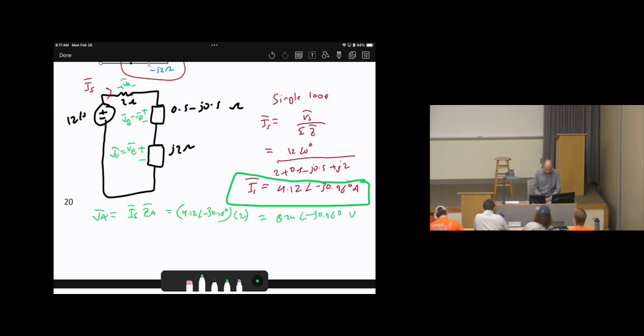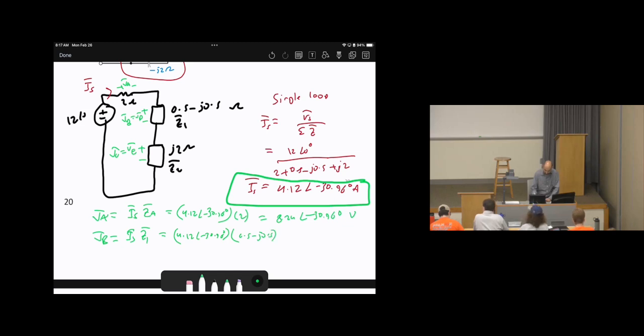That's VA. Then VB equals I source times, I would like to name this as Z1 bar, this is Z2 bar. So times Z1 bar. So I source 4.12 angle negative 30.96 degrees times Z1 bar, which is 0.5 minus j0.5.